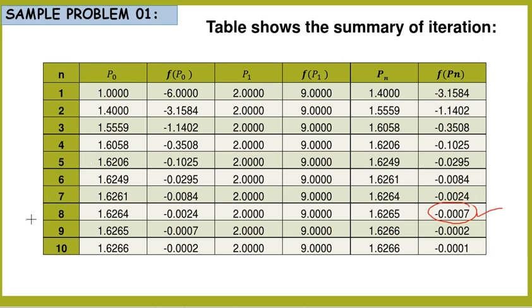We can stop here at n equal to 8, because this is approximately 0 already. But I still continued it to be more accurate. If you look at the values here and here, they are almost or exactly the same. The difference is only 0.001. So once you get approximately this, you can stop at 8. Okay? You can stop there.